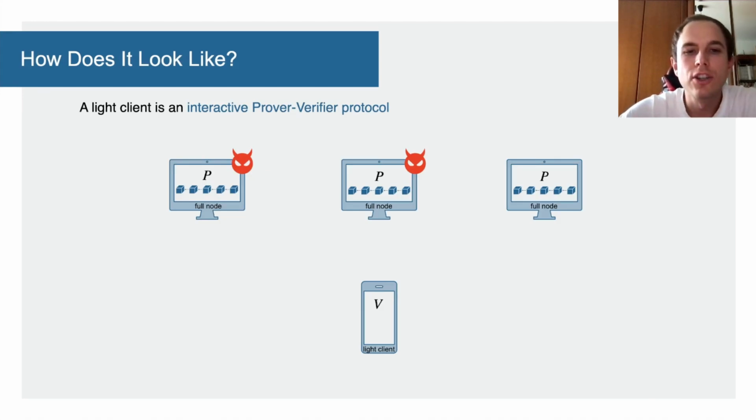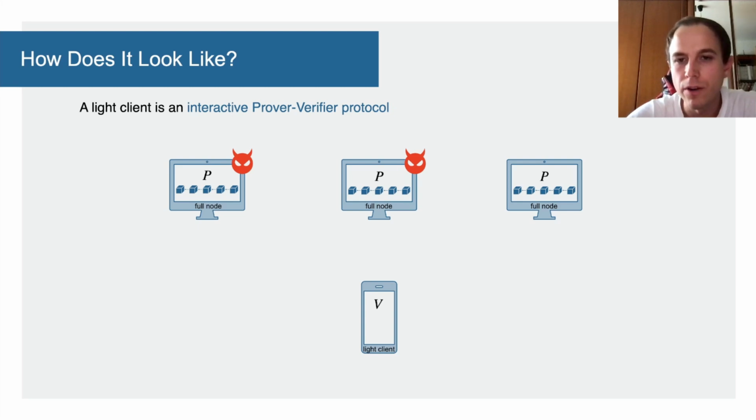So now, what does such a protocol look like? A light client protocol is an interactive prover-verifier protocol where we have a verifier that is connecting to a bunch of full nodes. And we can see that at least one of these full nodes needs to be honest, because otherwise they can just send us whatever. But this is the same assumption as if we connected as a full node to the network.